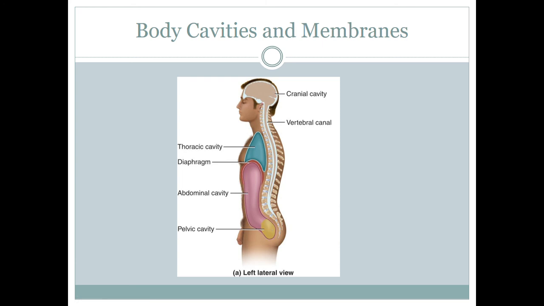The abdominal cavity and the pelvic cavity are not completely separated by a partition; they are continuous with one another. The abdominopelvic cavity is also separated from the thoracic cavity by a muscular sheet called the diaphragm. The diaphragm is one of the main respiratory muscles that allows you to breathe.